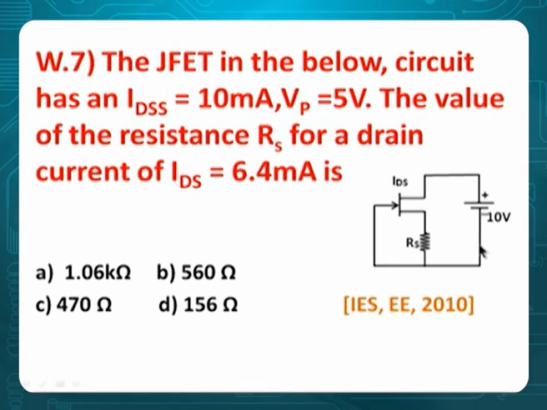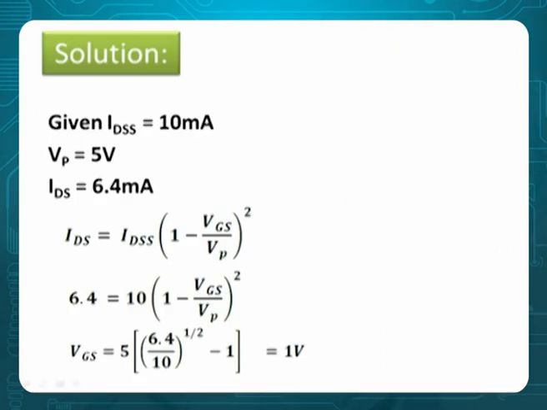So we need to calculate the value of resistance RS by looking at your current equations. So let us substitute our equations. IDS is equal to IDSS into 1 minus VGS by VP whole square. 10 milli, 1 minus VGS, VP is 5 and VGS we have to calculate. When you calculate VGS, it becomes 1.